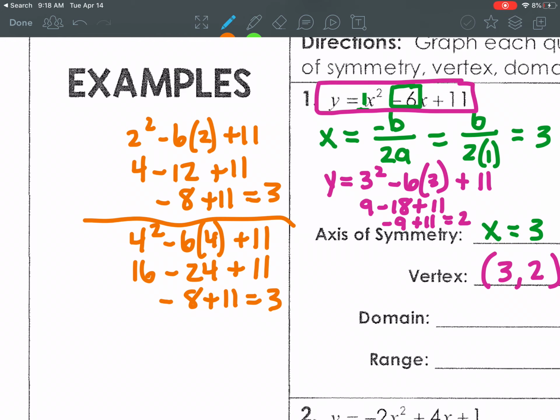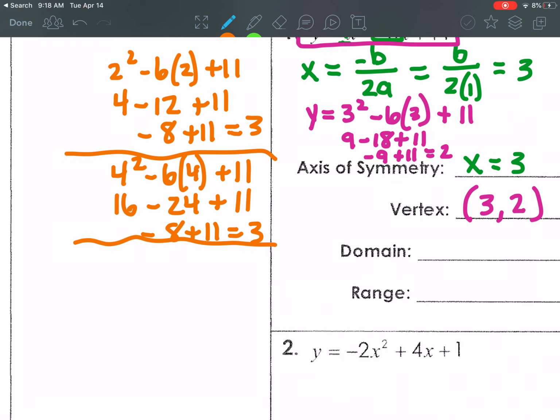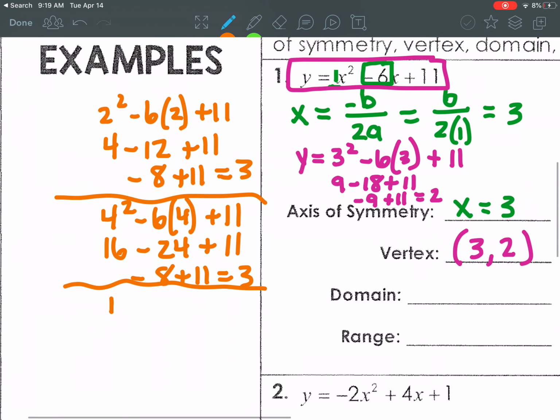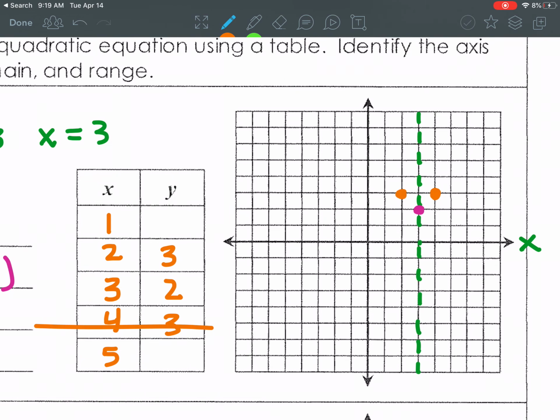So we would have 1 squared. I'm going to do that in my head because that one's easy. 1 times 1, minus 6 times 1, so minus 6, plus 11. So negative 5 plus 11 is 6. So 1, 6: 1, then 2, 3, 4, 5, 6. Here's our next point.